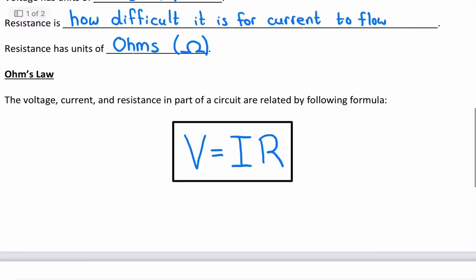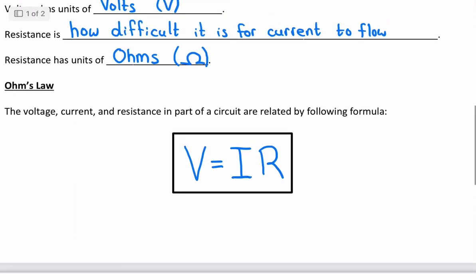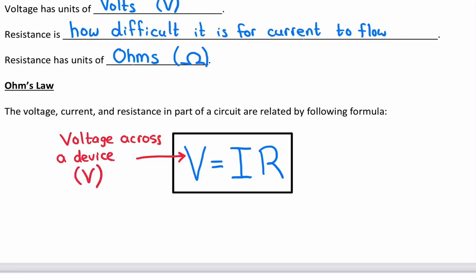So once we've picked a device and said, okay, this is the device we want to apply Ohm's law to, here's what each letter in that law means. V is the voltage across the device. And the units there are going to be volts, capital V. I is the current going through the device.